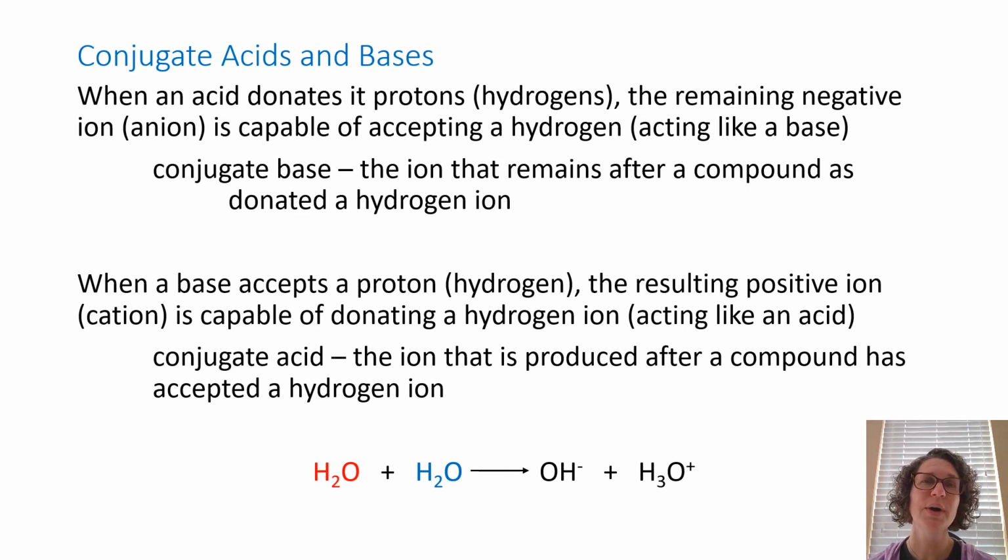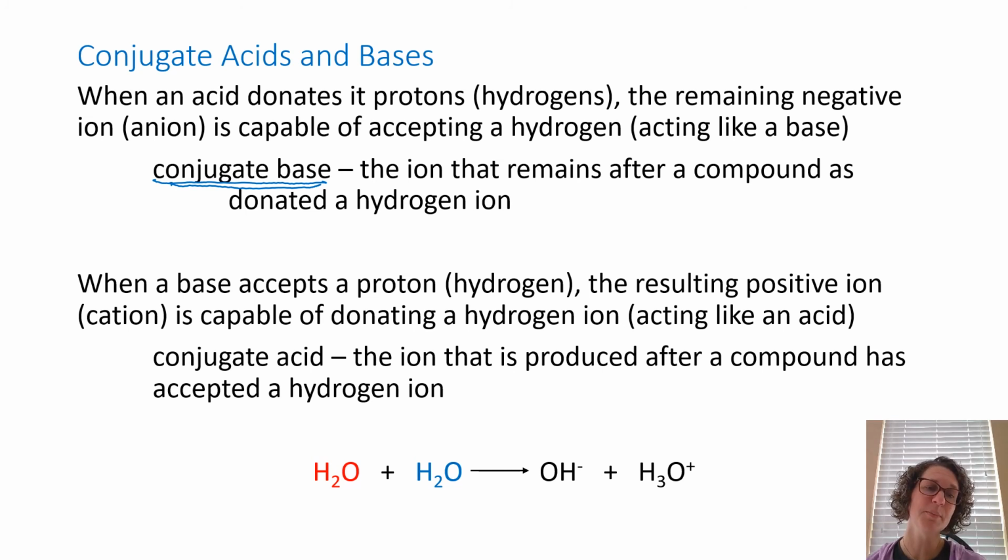And so you actually have the formation of a base after the acid has donated. And that base that is formed is called the conjugate. Okay, so it's the relative base. And it's kind of the leftover.